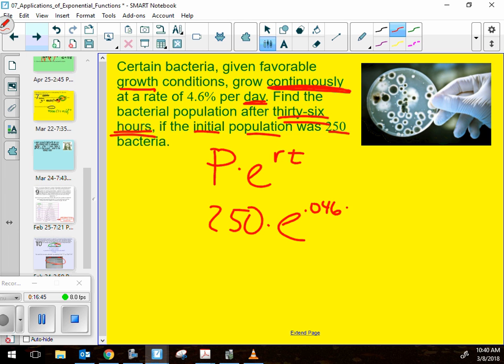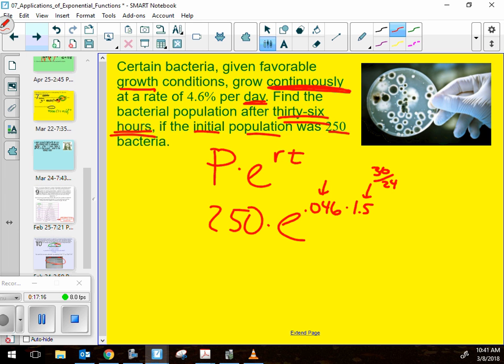Think it through. 36 hours is 1.5 days. Does that make sense? This rate was per day, and so I got to use days here. And they gave me 36 hours, curveball, so I used 36 divided by 24. That's 1.5 days.